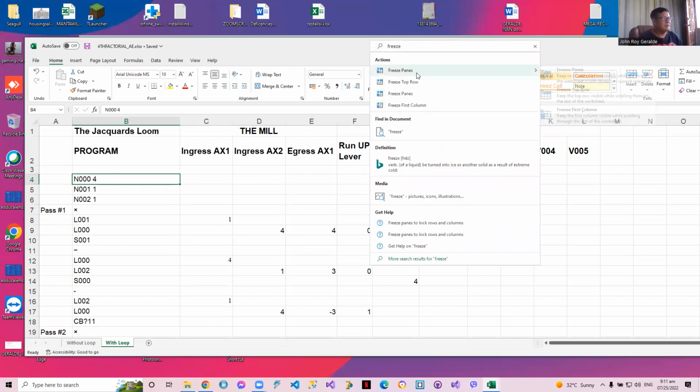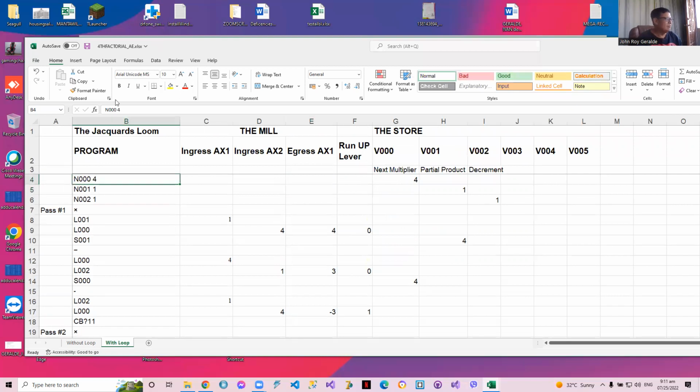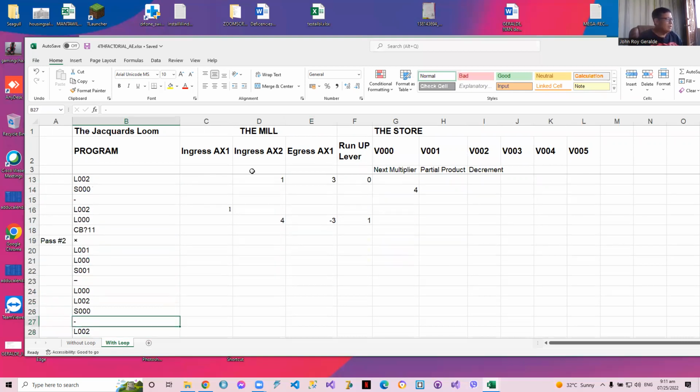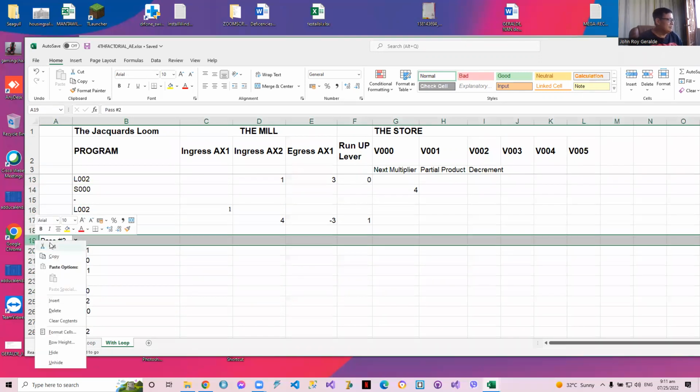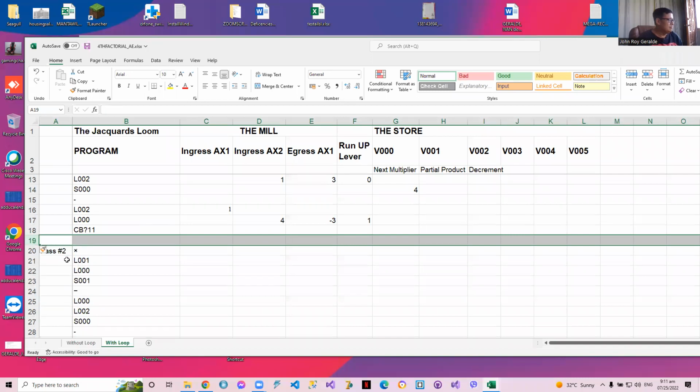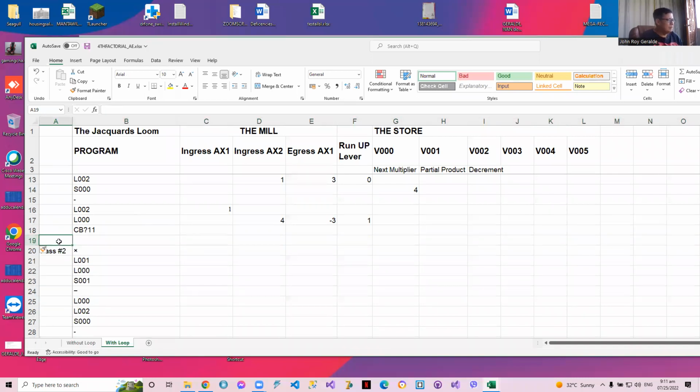Freeze panes. So that it won't get lost. 4, 4, 1. Okay. Can we just write down the values, the previous values, the last values here, so they won't be lost?